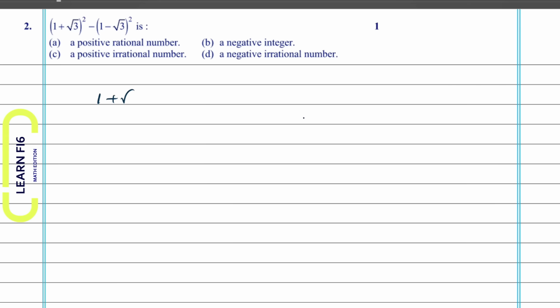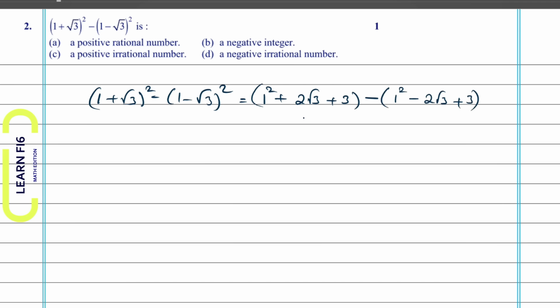Let's take the value. It is 1 plus root 3 whole square minus 1 minus root 3 whole square. We can expand this using the formula a plus b whole square. So we will get 1 square and 2 root 3. The square of root 3 is 3, and similarly we can expand the second term also. We will get 1 square minus 2 root 3 plus again root 3 square is 3.